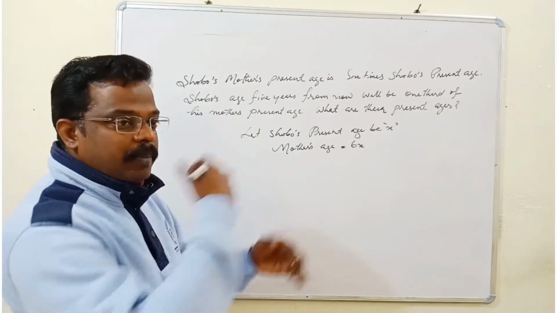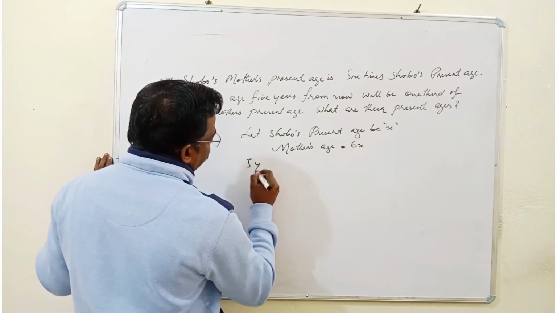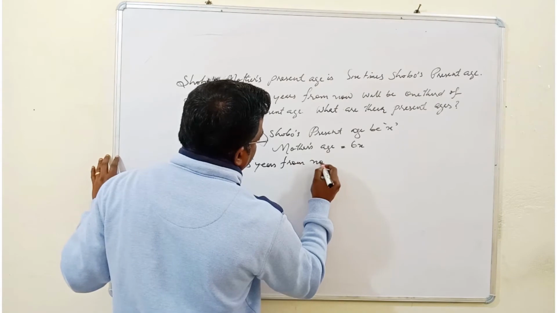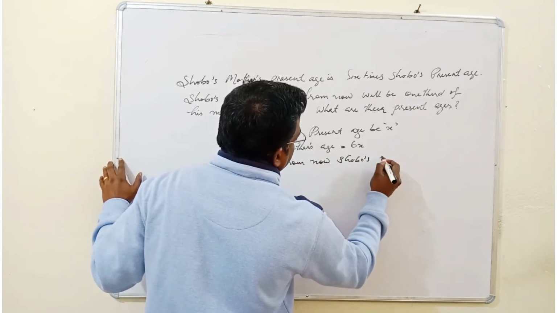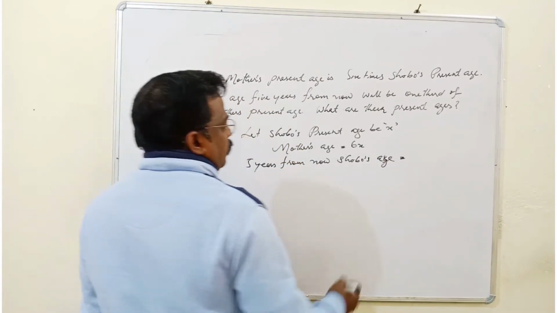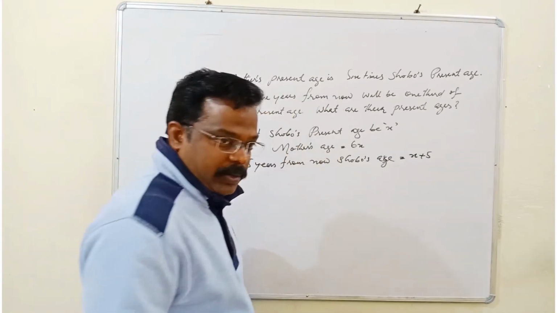So 5 years from now, after 5 years, Shobo's age equals x plus 5, as 5 years will be added to his age.